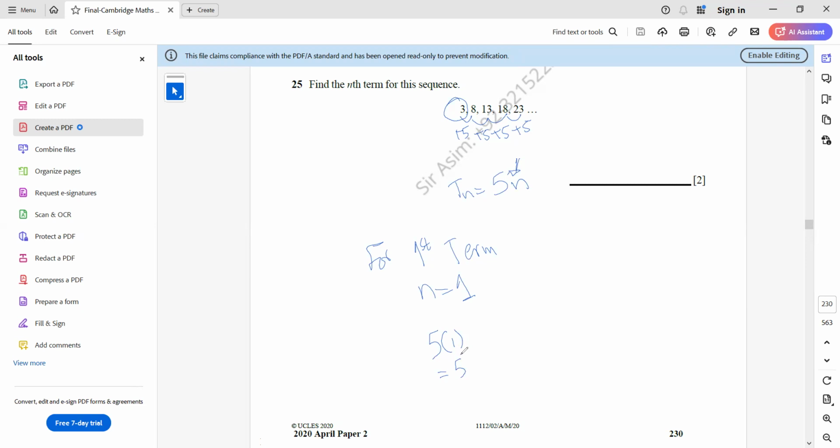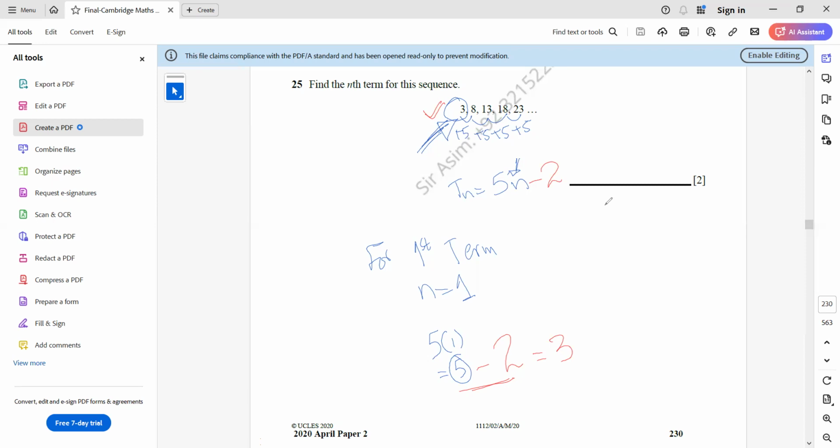Now to make this 5 the actual first term of this sequence, which is 3, we need to subtract 2, so that will give us 3 as the first term. That would give you the nth term formula for this sequence.